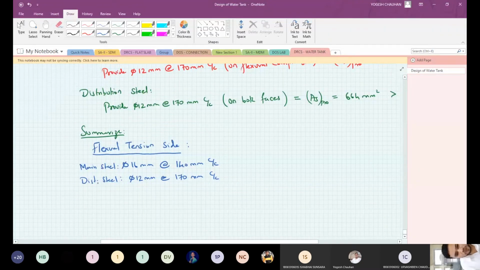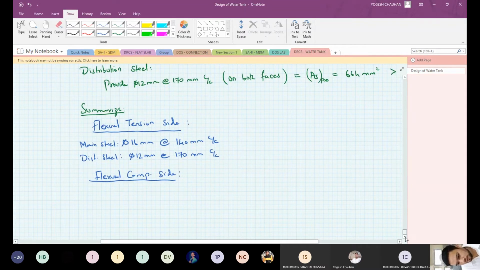Then on the flexural compression side, the reinforcement provided is 12 dia at 170 mm center to center, that is on both ways.